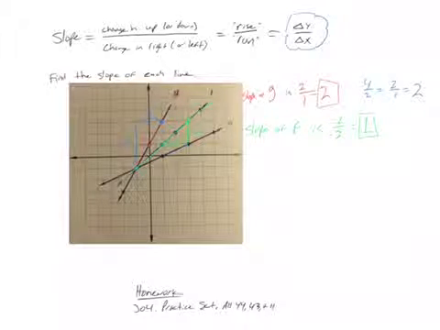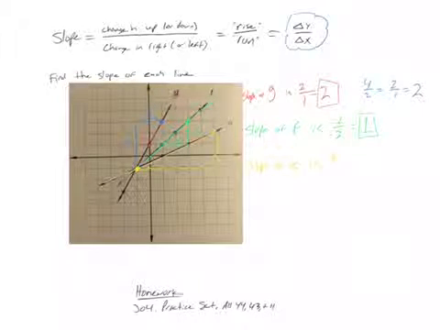Alright, our last one here is the slope of e, which is this line. I'll pick this point right here and maybe this point right here. I'll start at this one. Let's see, right 1, 2, 3, 4, 5, 6, and up 1, 2, 3.